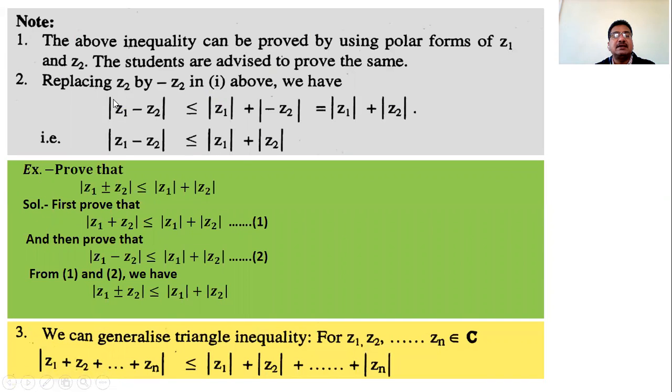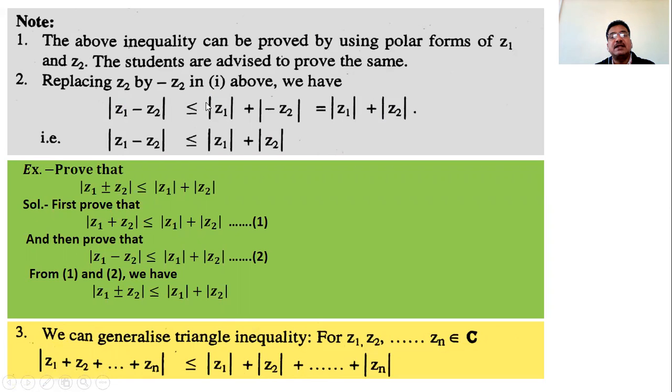So consider z1 as a and minus z2 as b. So write one more step here: |z1 − z2| is equal to |z1 + (−z2)|, and then apply the previous theorem.